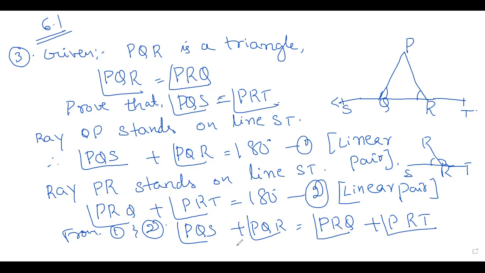Then PQS, so in place of PQR, what can you write? I will write here. They are saying both are equal. Angle Q is equal to angle R, they are saying. PQS is equal to PQR.